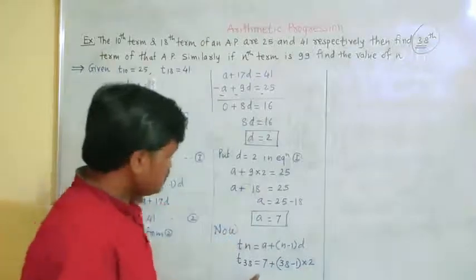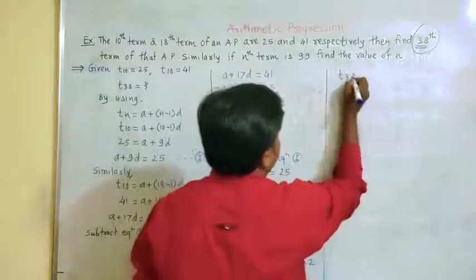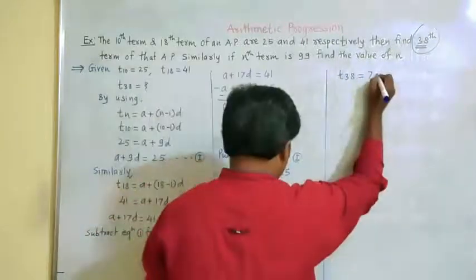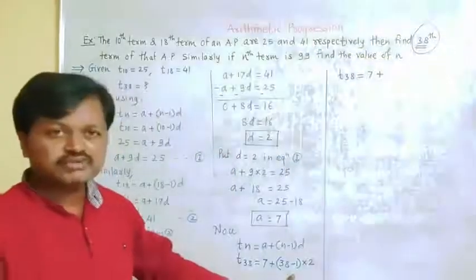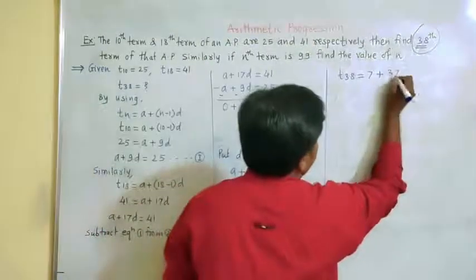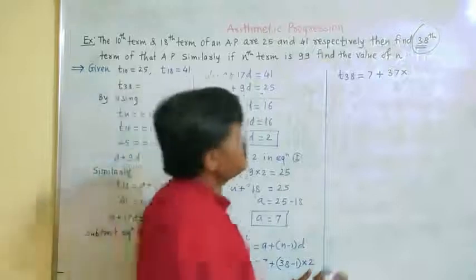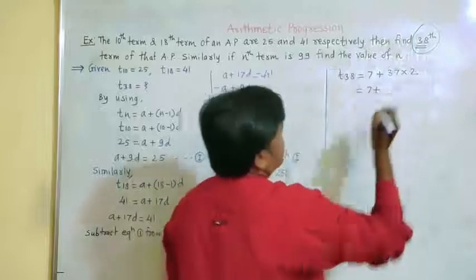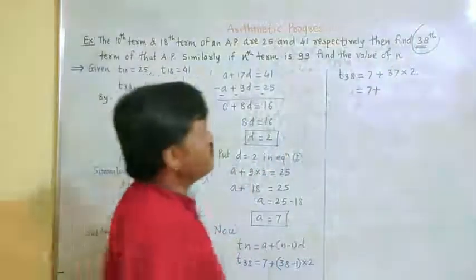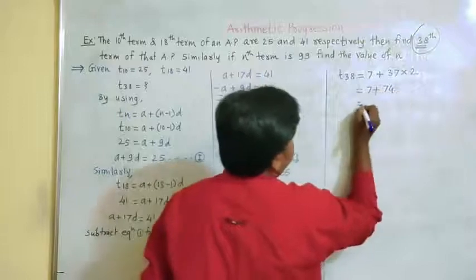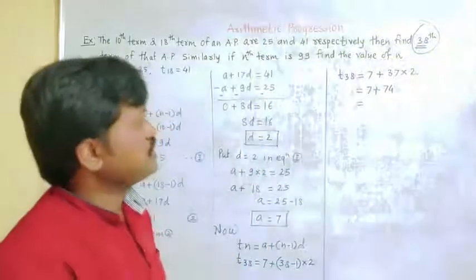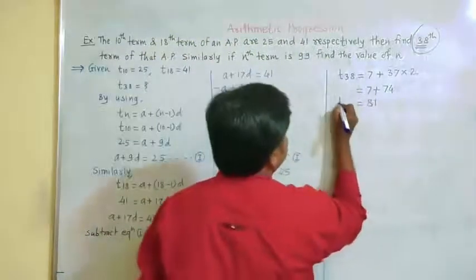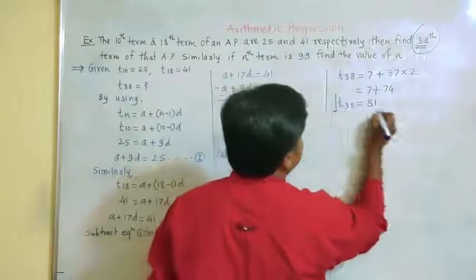So T38 is equal to 7 plus 38 minus 1, that is 37, into 2. Equal to 7 plus 37 into 2. How much is it? 74, and 7 plus 74 is 81. So the T38 term is 81.